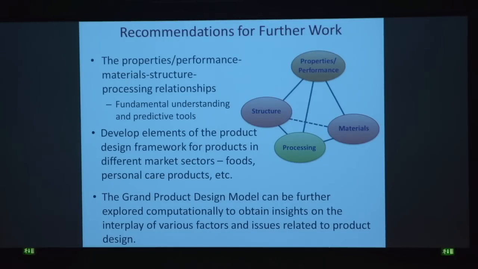And in the Netherlands, foods have been emphasized. And the grand product design model can be further explored computationally. In this community, we are good in doing that. And many insights and trade-offs are not clear yet, particularly for B2C products.